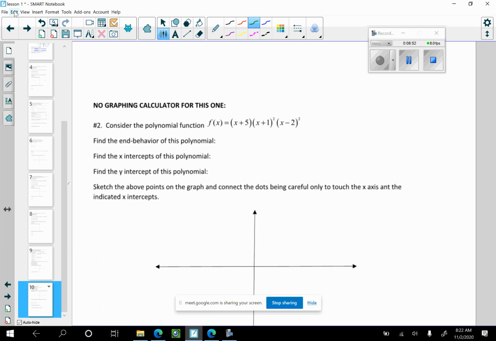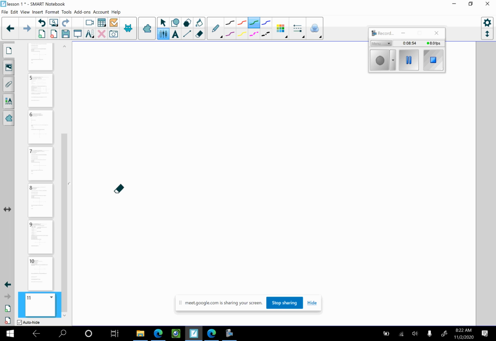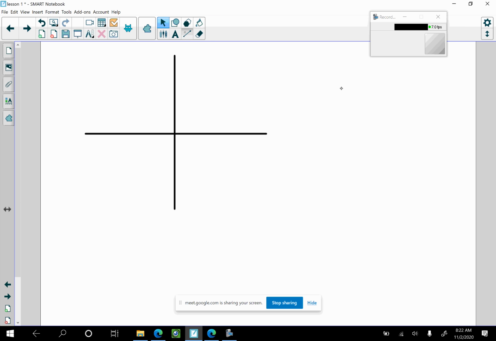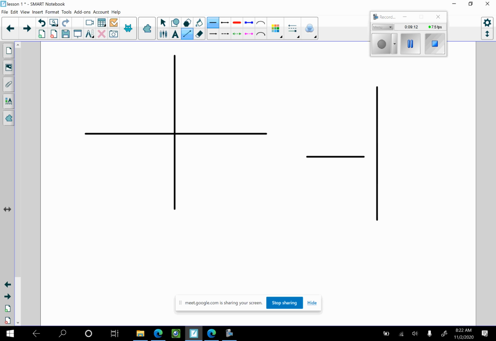I'm going to go to a blank screen and try to explain end behavior a little bit, because it's really an easy concept. When we talk about the end behavior, we know that this is the y-axis, and this part of the y-axis right here is positive.